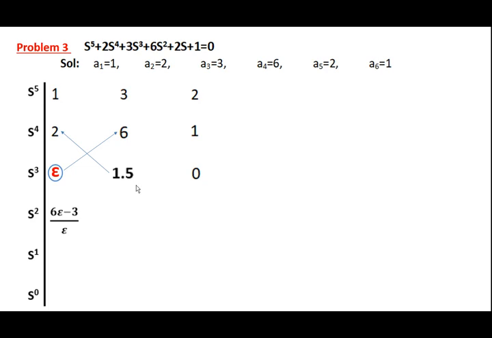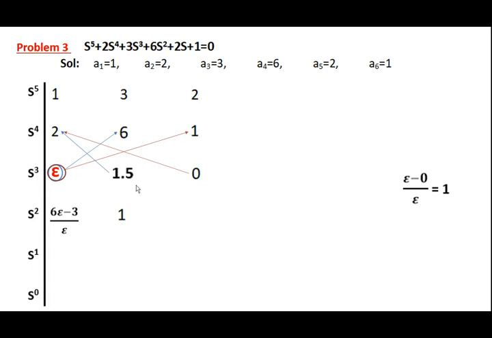So that is equal to 6 epsilon minus 1.5 into 2 is 3, divided by epsilon. That is the first element of the s^2 row. And the second element can be obtained by epsilon into 1 minus 2 into 0, that is 0. Epsilon minus 0 is epsilon only, divided by epsilon. So epsilon by epsilon will be equal to what? 1. So we can write the second element as 1.